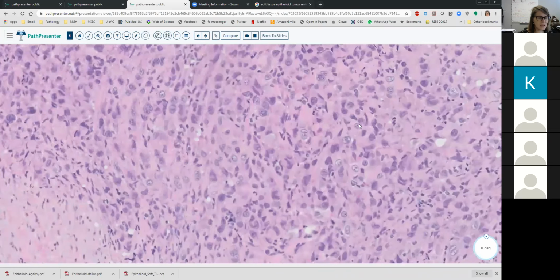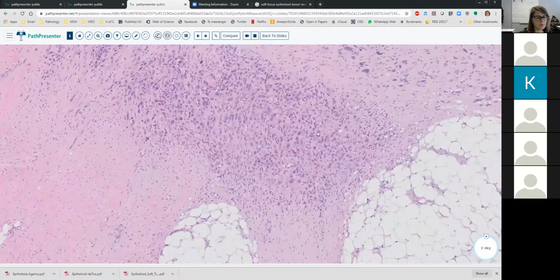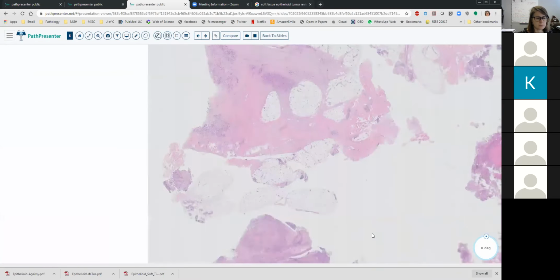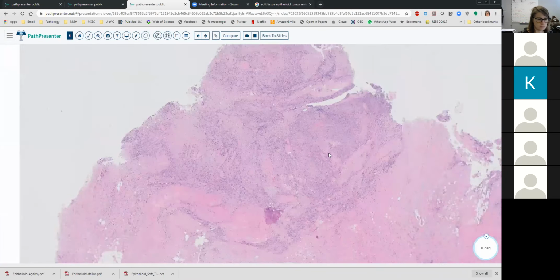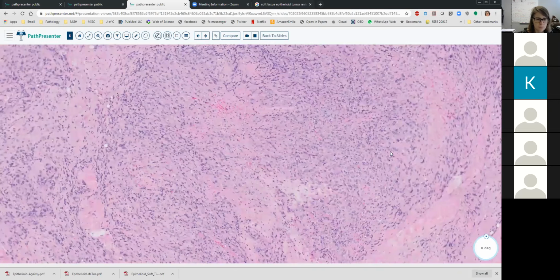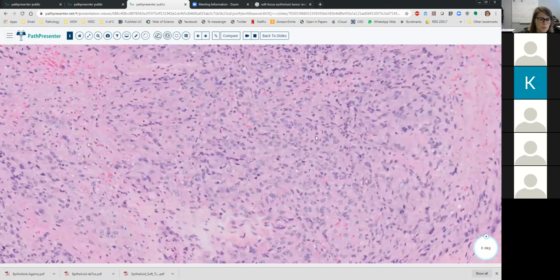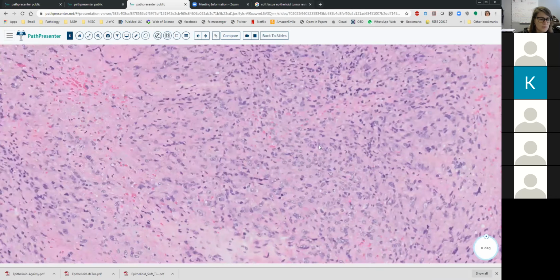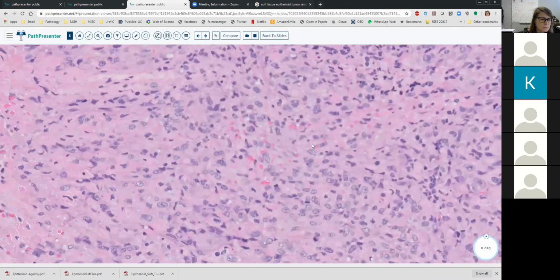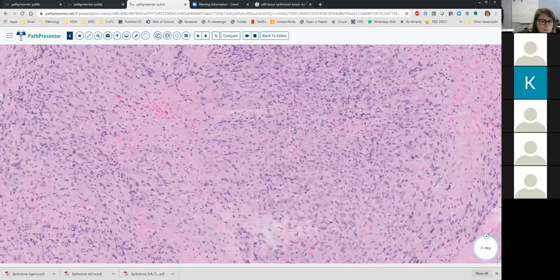INI1. So what's INI1? The SMARCA4 or SMARCB1 family, which is lost in these. What are those genes involved in? The transcription factor. Chromatin remodeling.